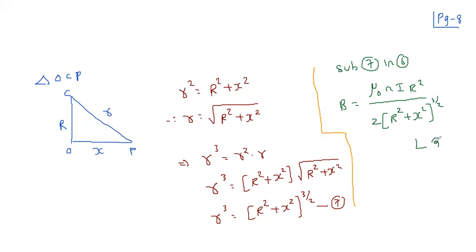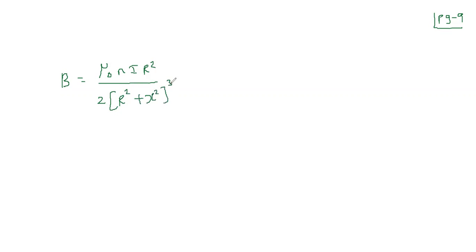Equation number 8. So we have two cases. Actual formula B is equal to mu naught n I R square by 2 into R square plus x square whole power 3/2. It is the last equation.